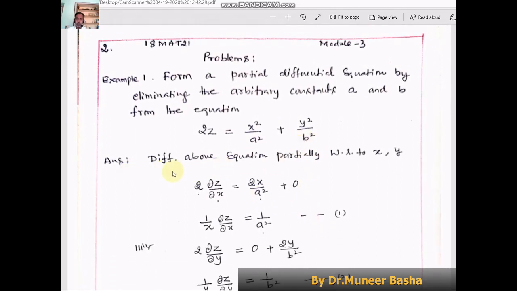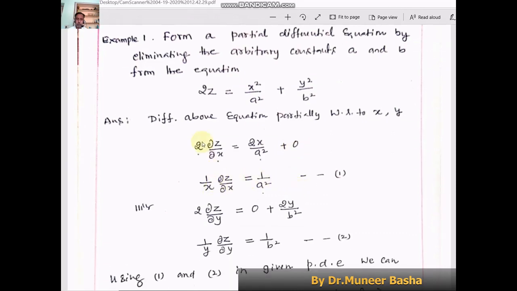Now the answer: let us differentiate the above equation partially with respect to x and y separately. First with respect to x, 2 ∂z/∂x = 2x/a² + 0, because y will be treated as constant while differentiating with respect to x.